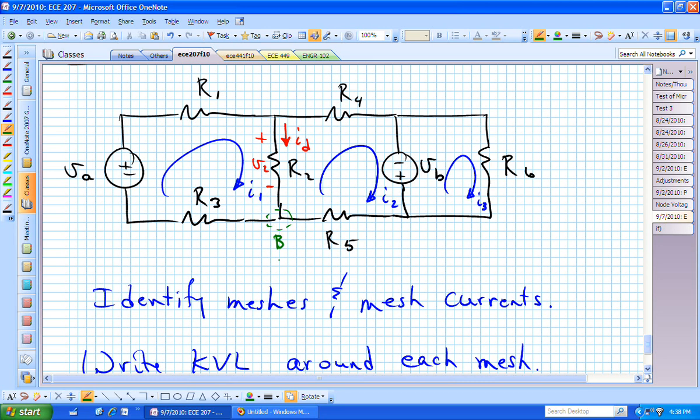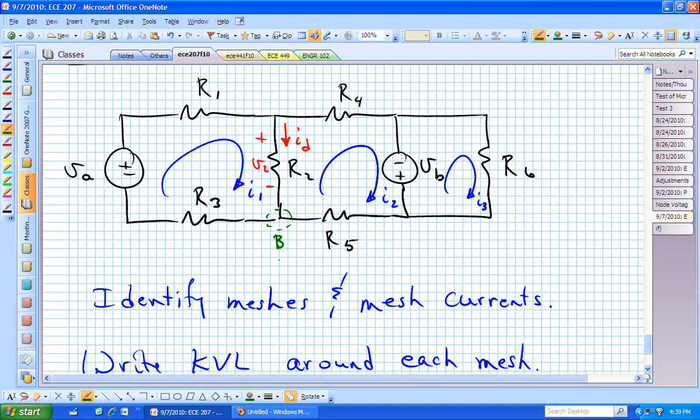That's the red I sub D. If I think of that in terms of I1 and I2, hopefully you see the algebra staring at you. If I sub D is going down, then I sub 1 is going down, I sub 2 is actually going up, meaning I sub D algebraically is just I1 minus I2.